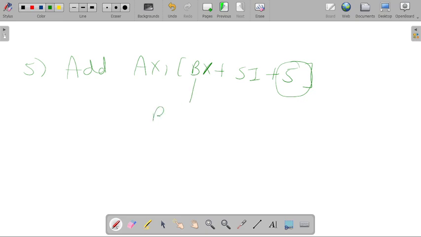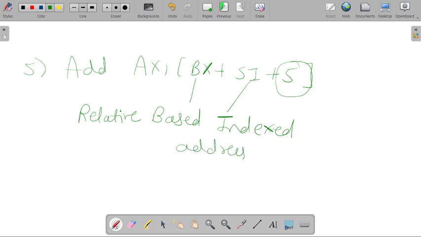This one is base indirect index addressing mode, and 5 is the relative value, so I am writing here relative base index addressing mode. So the answer for this question is relative base index addressing mode.